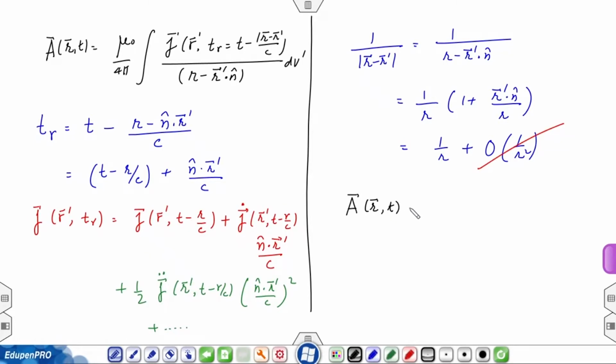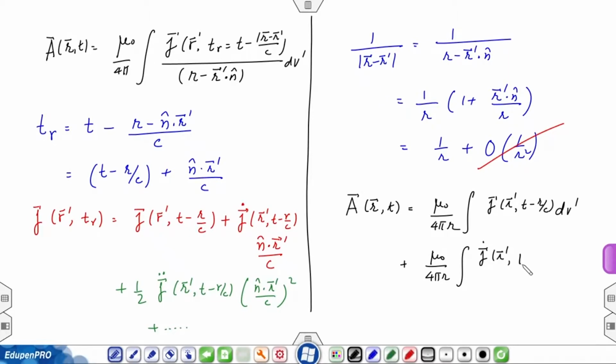r, t as mu 0 over 4 pi r integration j r prime, t minus r over c, d v prime, plus mu 0 over 4 pi r integration j dot r prime, t minus r over c, dv prime, plus if you like the j double dot term, but I am not considering it.